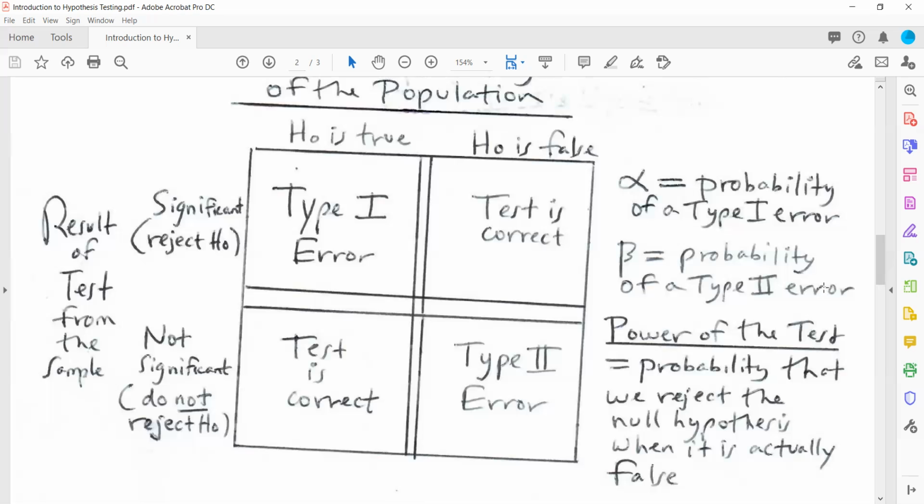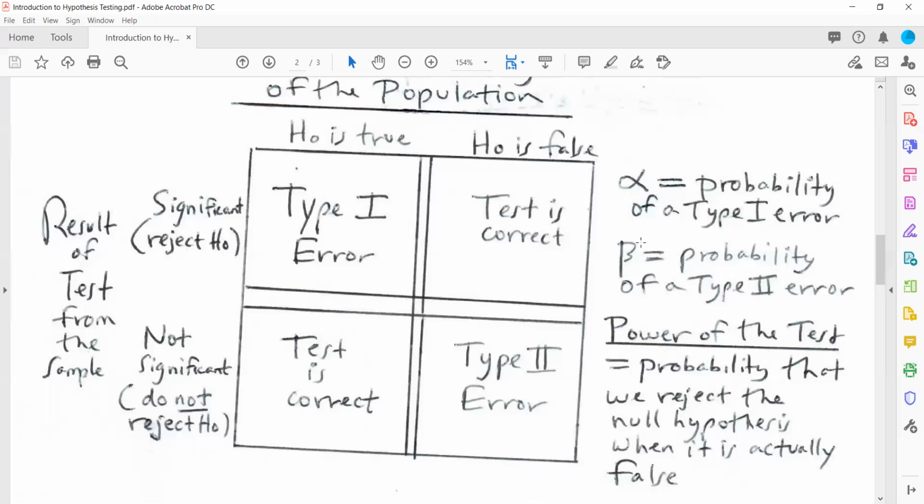Now, the complement of that is the probability of not rejecting the null hypothesis when it is false. The complement of this would be what? It would be the type 2 error. It would be not rejecting the null hypothesis when the person did commit the crime. All right, that's the complement of it.